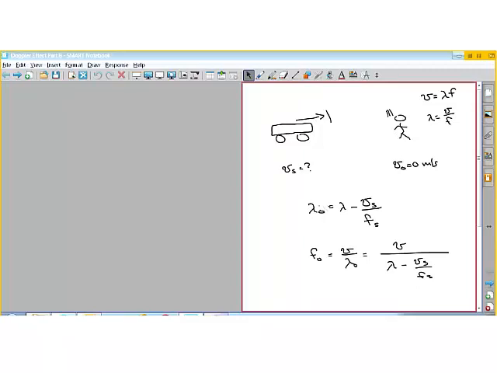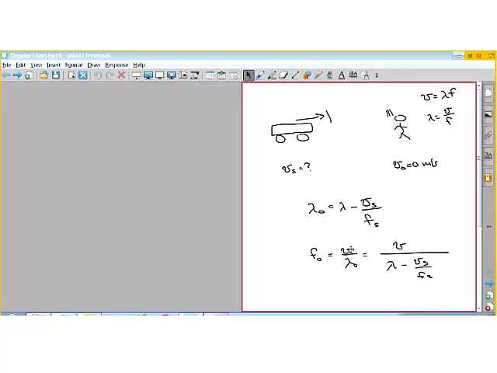And it turns out that the wavelength that the observer hears is the source wavelength minus this offset due to this moving. So you take the velocity of the source and divide by the frequency of the source, and that'll give you how much the waves are either compressed or expanded.